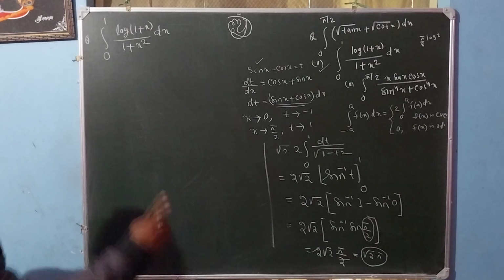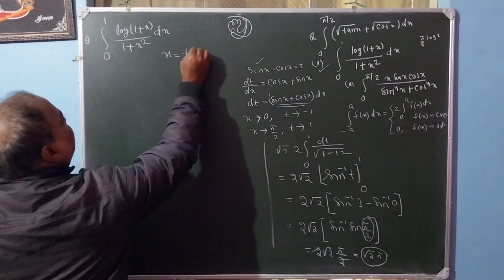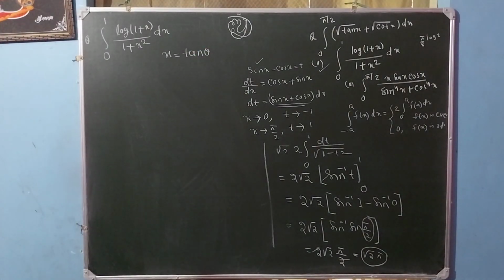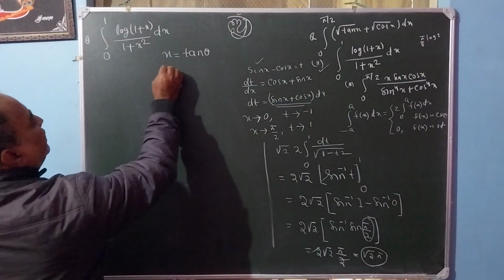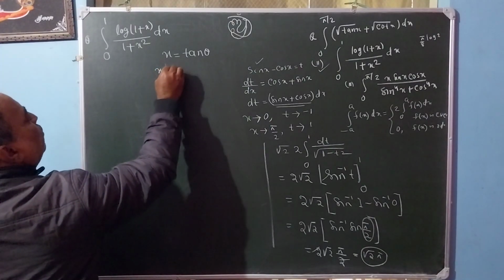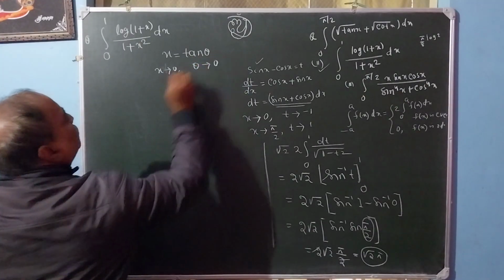So in this case, first of all, we have to put x is equal to tan theta. Once you take this, you have to change the limit. When x tends to 0, theta tends to 0.